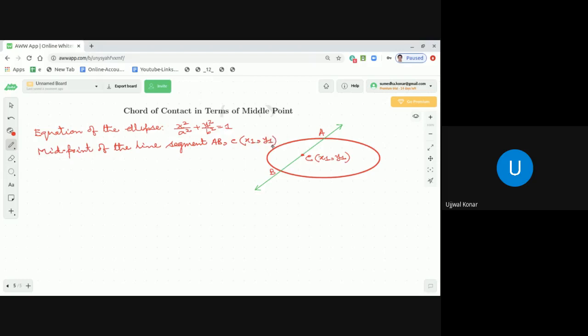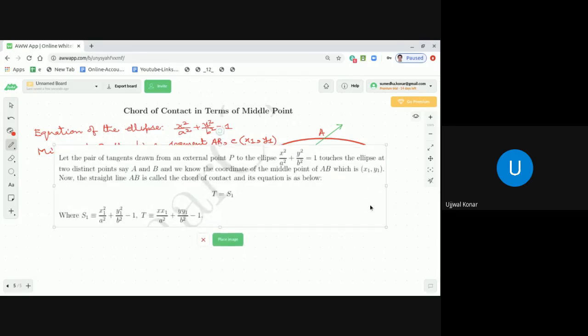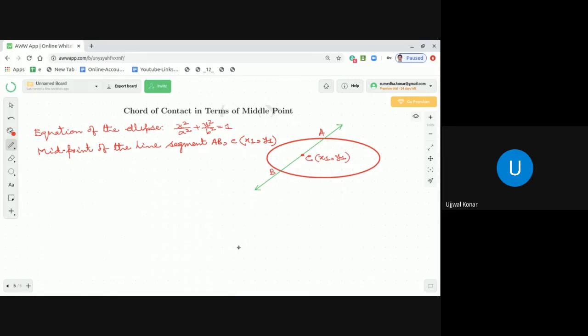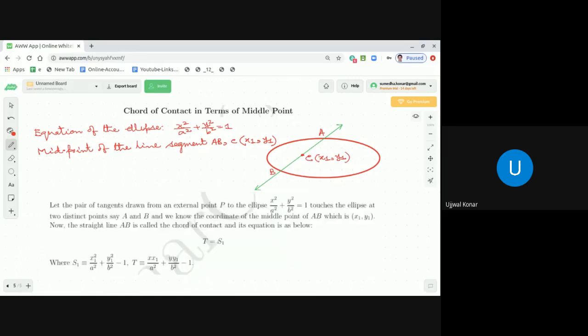So with these two pieces of information, we are going to find the equation of the chord of contact, or in other words, the equation of the green straight line. How are we going to find it? I'm going to show you the relevant portion by taking it from our study material. And here it is.